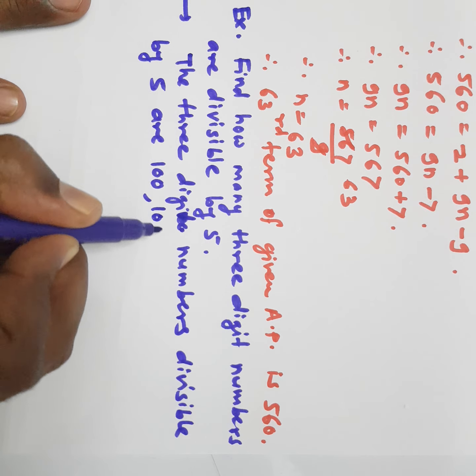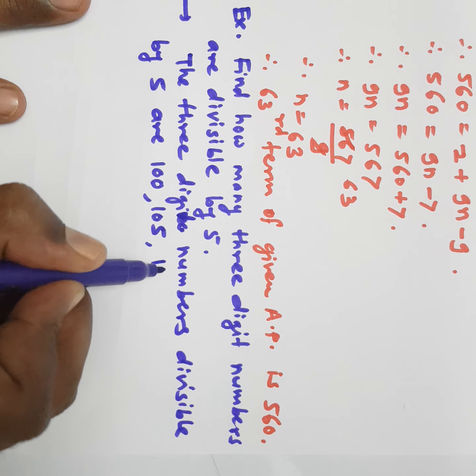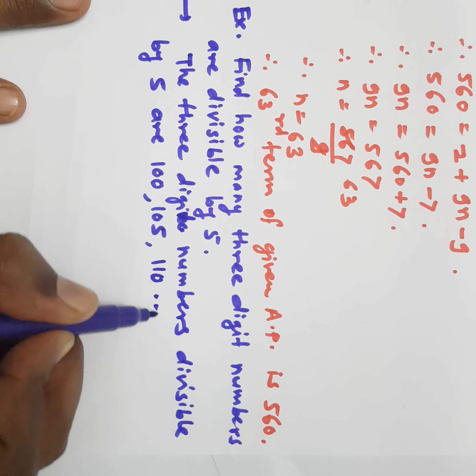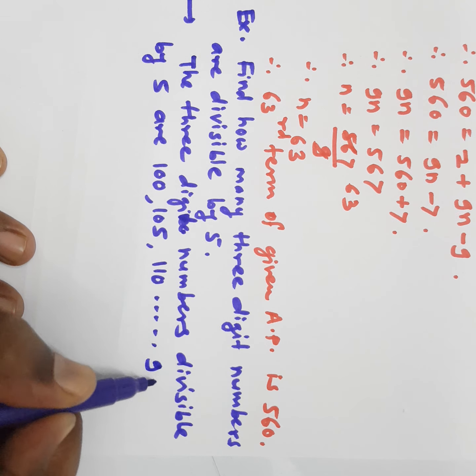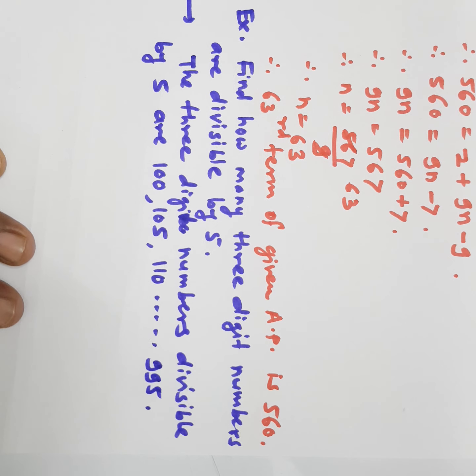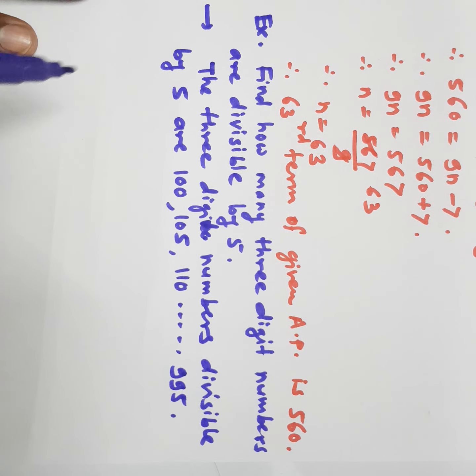Then the next number will be 105, the next number will be 110, and so on, and the last number will be 995. We have to find only 3-digit numbers divisible by 5.